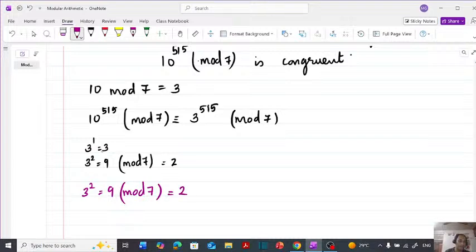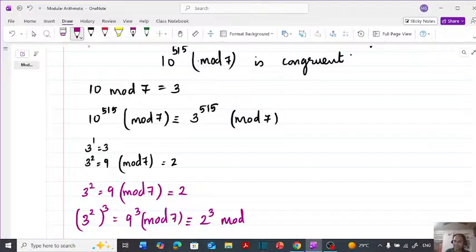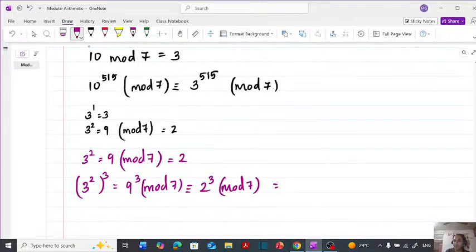Now if I do 3 raised to 2 whole cube, it will become 9 cube mod 7, which has to be 8, right? Which has to be 2 cube, which is congruent to 2 cube. Now 2 cube mod 7 is again going to be how much? It's going to be 1.